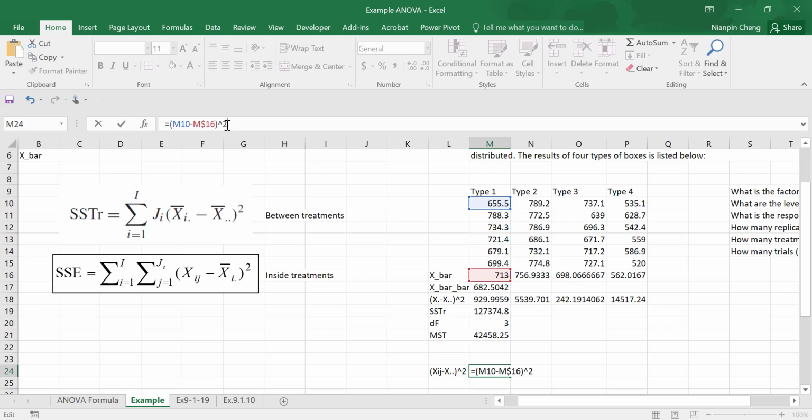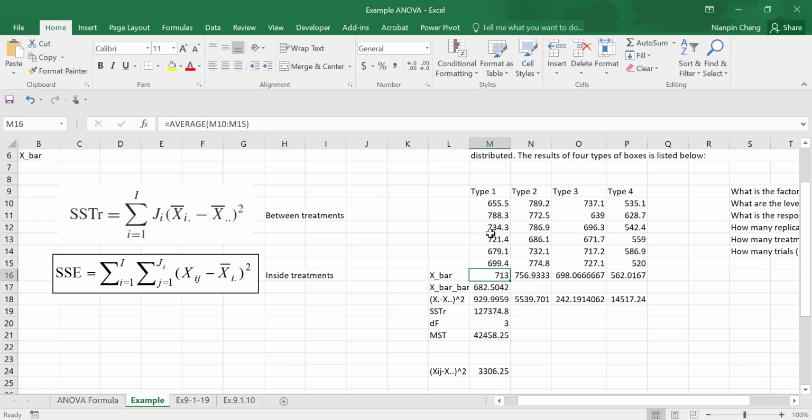That's why, when we consider the variation and add everything together, we always use the squared term instead of just the difference. So this means the squared deviation for the first value away from its own average.